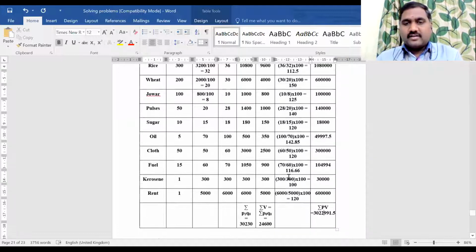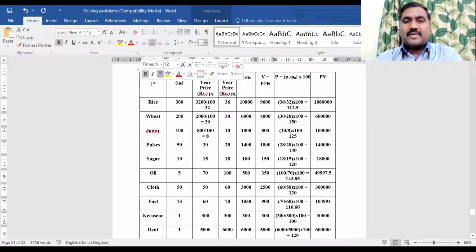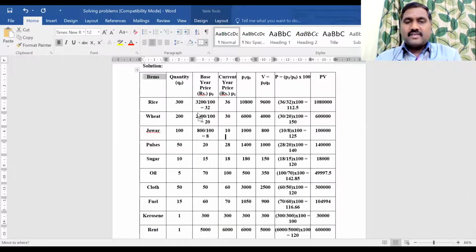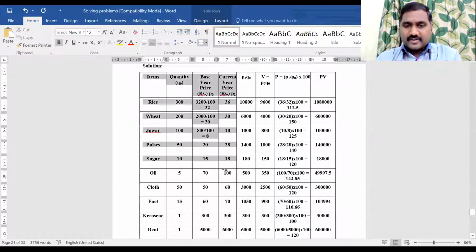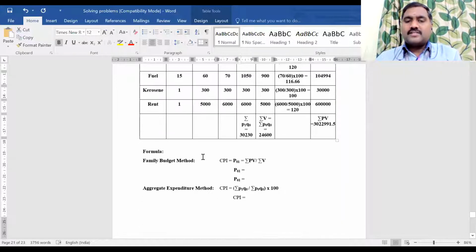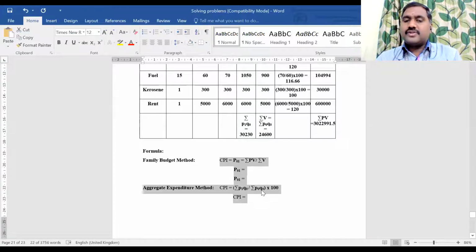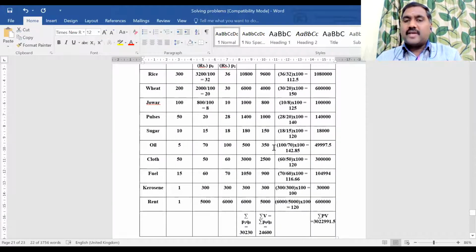Okay, fine. So we got the total sum of value because see, this is the given value. Please understand, these are all the given values. And based on that, we have converted this value into kg and we marked out which is Q0, P1, P0. Now the rest of the columns we need to create. First look at the formulas. We need P1 Q0, P0 Q0, so make a column like that.